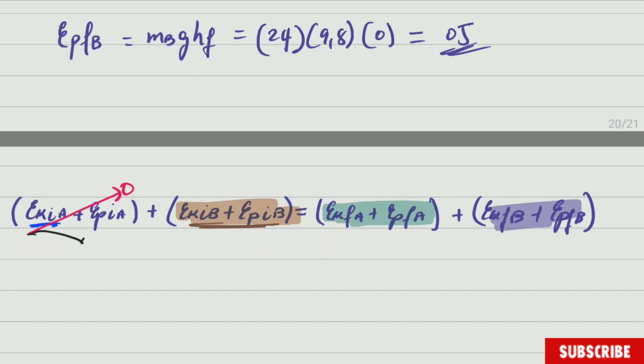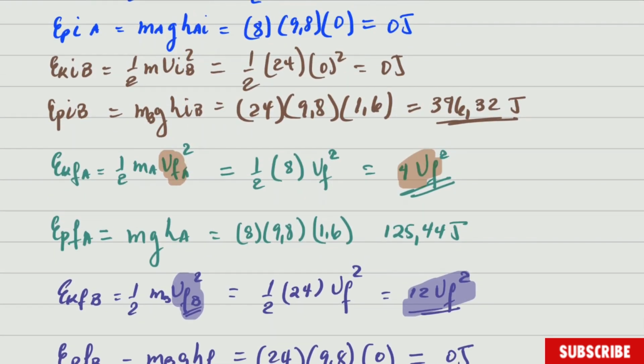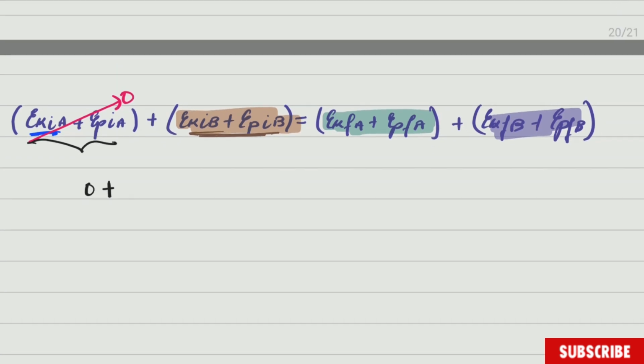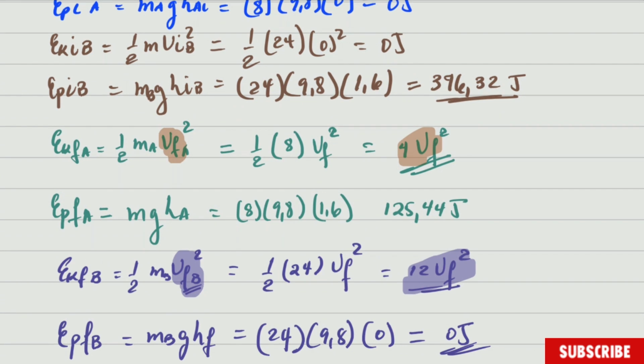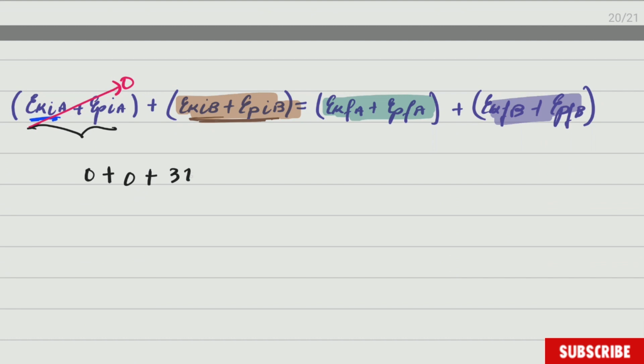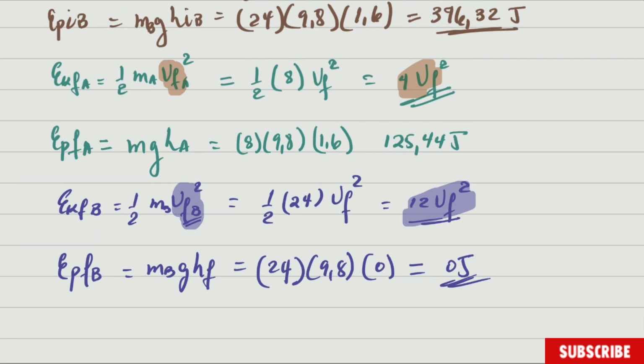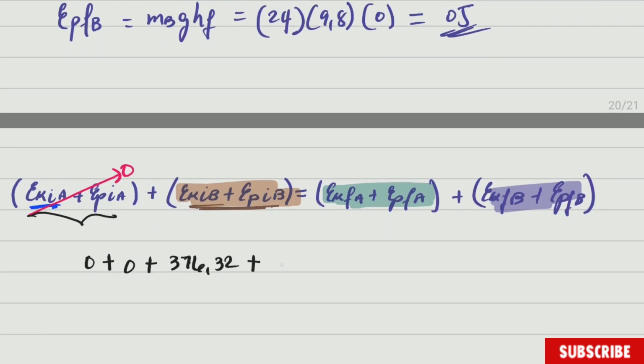We said that all this one is going to be equal to 0. 0 plus kinetic energy initial of B, which is 0. So it's equal to 0 plus potential energy initial B, which is 376,32. This is going to be plus kinetic energy final A. So for final A we have 4Vf squared.